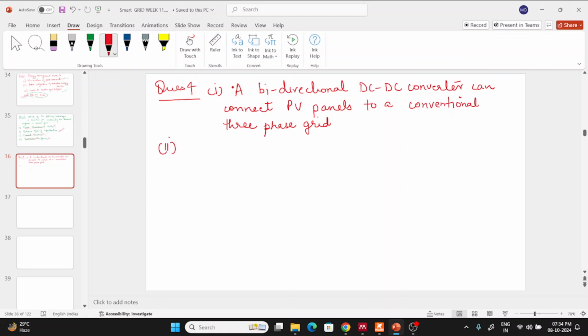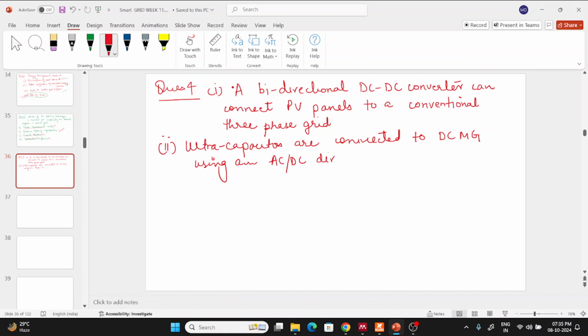Then there is another statement. Ultracapacitors are connected to DC microgrid using an AC-DC bidirectional converter.